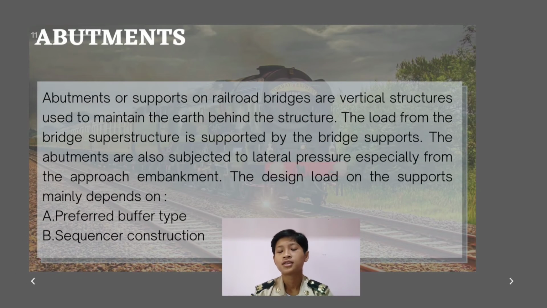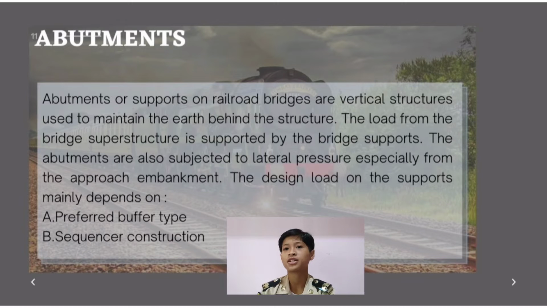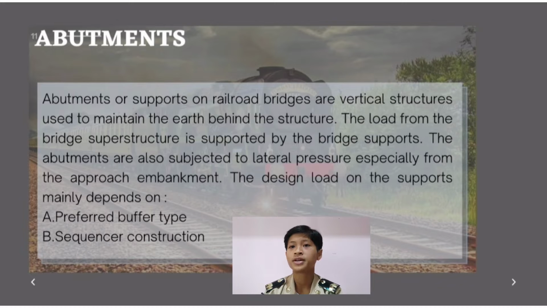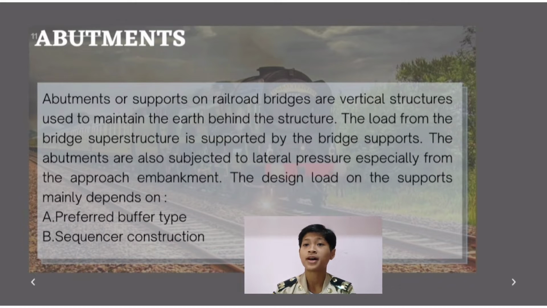So the first component is abutments. Abutments, or supports, on railroad bridges are vertical structures used to retain the earth behind the structure. The load from the bridge superstructure is supported by the bridge supports.